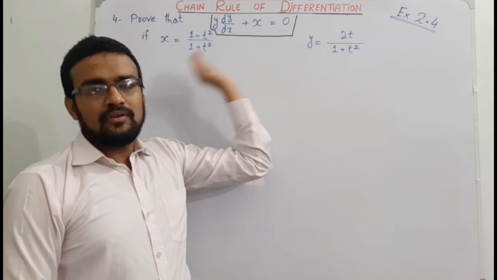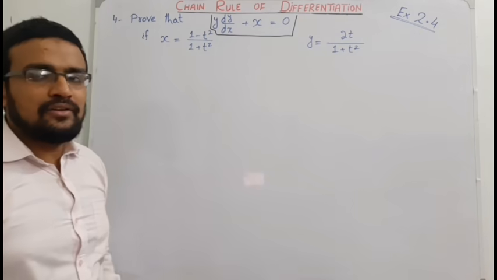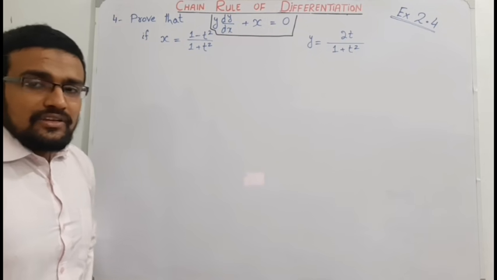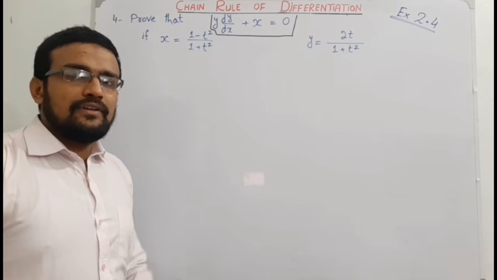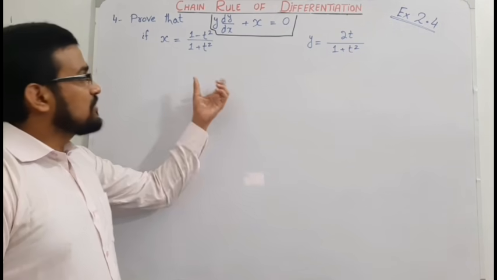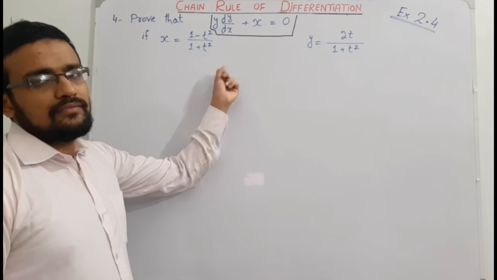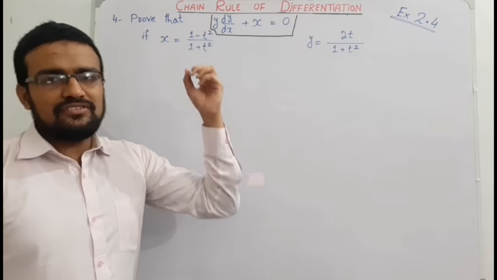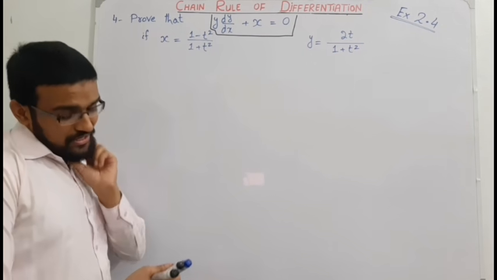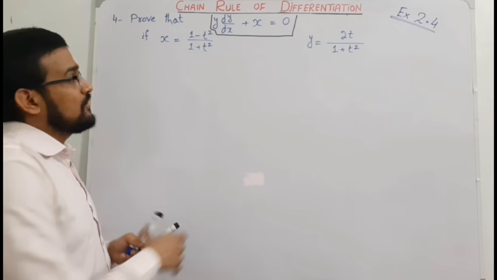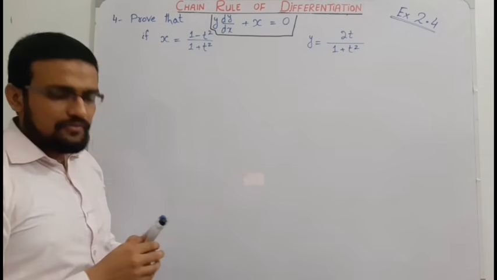When parametric equations are given, the result which comes to mind is the chain rule. Students, chain rule is the main keyword for the derivative of parametric equations.